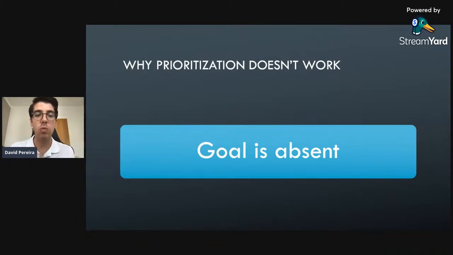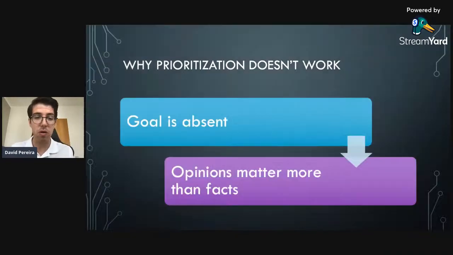What is the vision? What do we want to achieve next? If we don't have something measurable, we cannot get there, because then we don't know where we are going. Everywhere is right, and that is causing a lot of problems. Which connects to opinions mattering more than facts. You are going to hear something like, "In my opinion, we should do this."